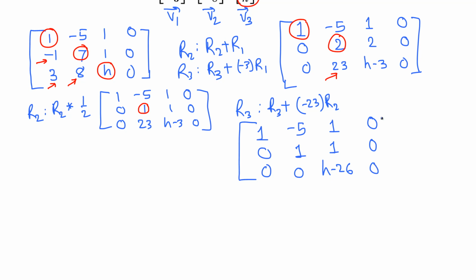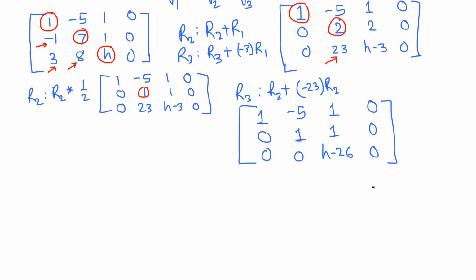Okay, so we are trying to find a non-trivial solution. Suppose h is not equal to 26. Then h minus 26 is non-zero, which means we get a pivot in each row, first row, second row, third row, and there is no pivot in the last column.